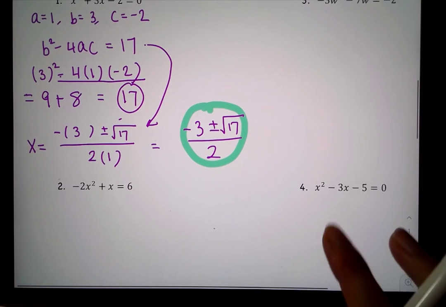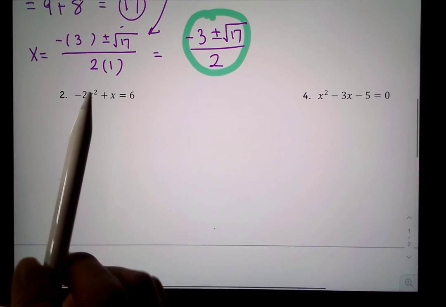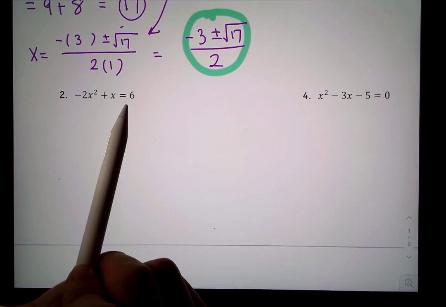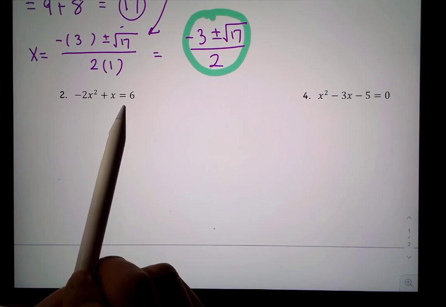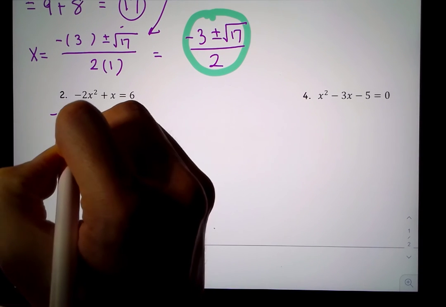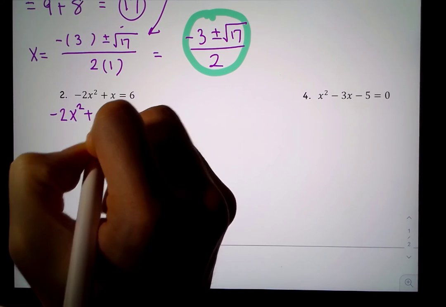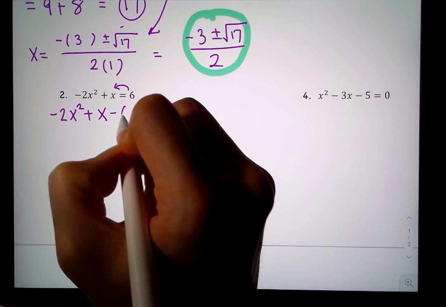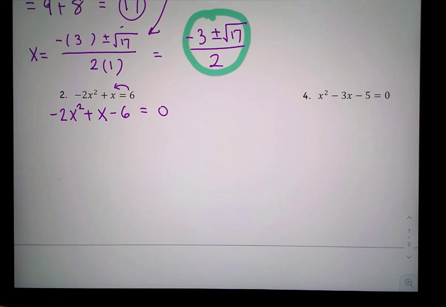Alright? And number 2, when you look at number 2, guys, do you see 0 on the right side? No. So we need to make it 0 first. So I'm gonna make it negative 2x squared plus x, and move it over left side, so minus 6 equals 0.